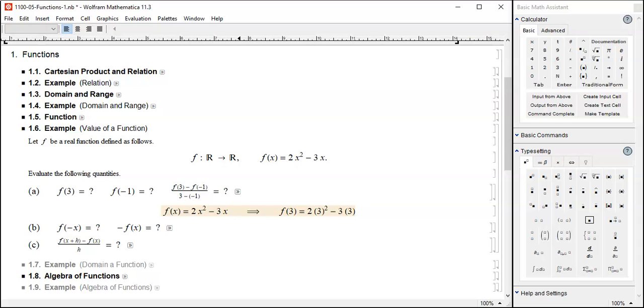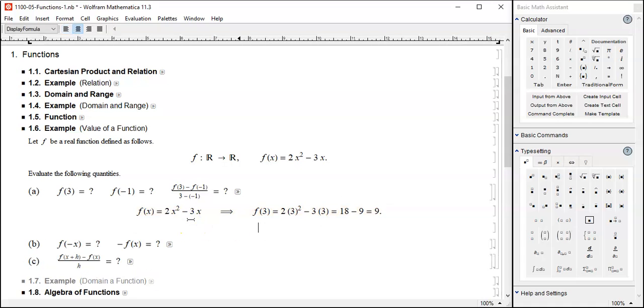And then we can do the computation. 3 squared is 9, so 2 times 3 squared is 18, and minus 3 times 3, so we get 9. That was easy. If you know substitution, that's easy. If you don't, you can't.